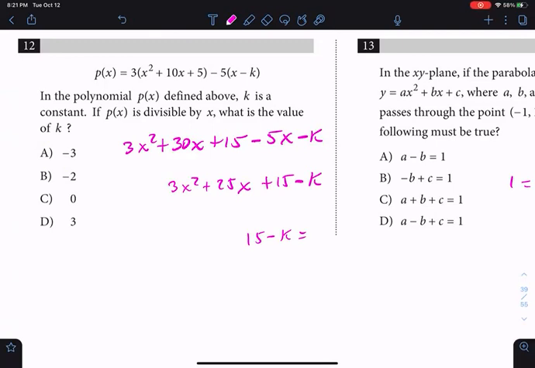Oh, this is plus k, right? It's supposed to be equal to 0.